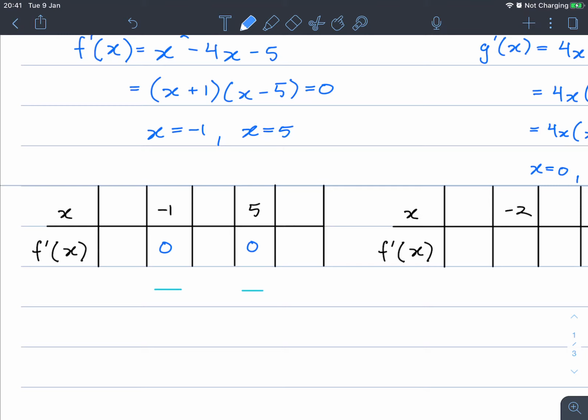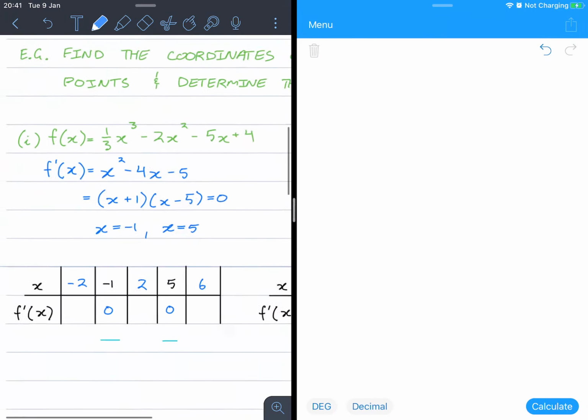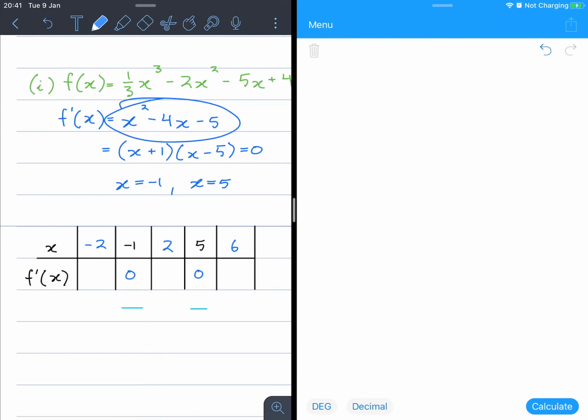So let's pick a point to the left of -1. Let's pick the point -2 and the point 6 above 5. And to save us time, we'll find a point in between both -1 and 5. Let's just pick the point 2.